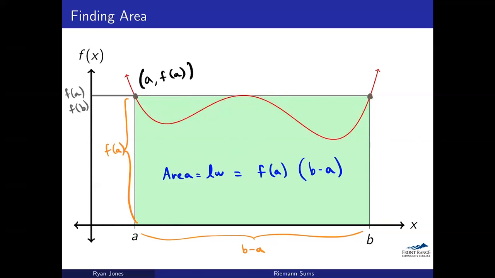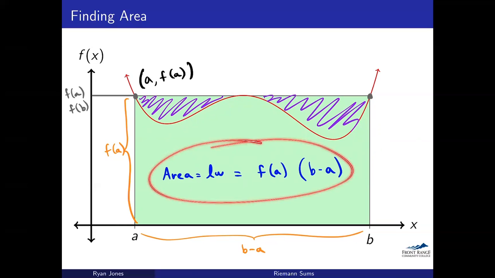And so obviously I'm extra counting all of this here in the purple. In this scenario, sure, we can calculate the area, but it's not going to do a very good job, because all this purple here, we're extra counting, and we don't want to count that.